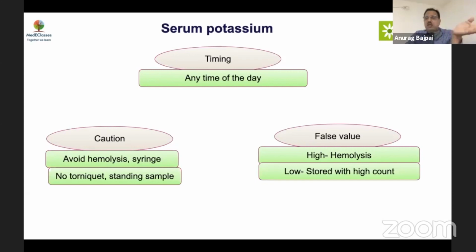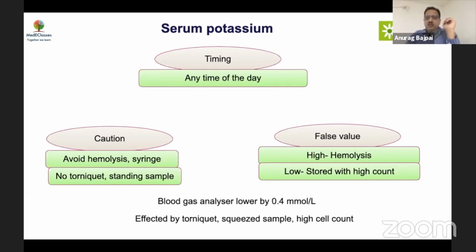If you have a high cell count, it can cause both pseudohypoglycemia as well as pseudohyperkalemia, which you have to be wary about. Very importantly, blood gas analyzers will typically decrease the potassium by around 0.4, which you have to be very, very careful about. And if there is a tourniquet used, a squeezed sample, or a high cell count, your potassium levels may go up in that situation.